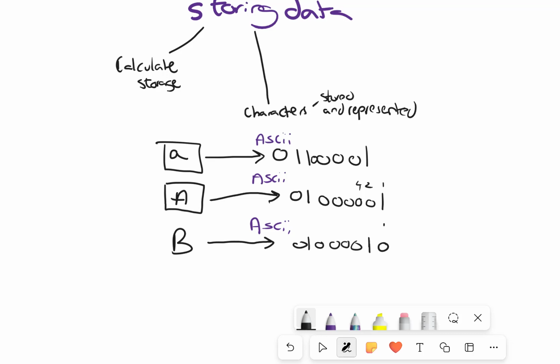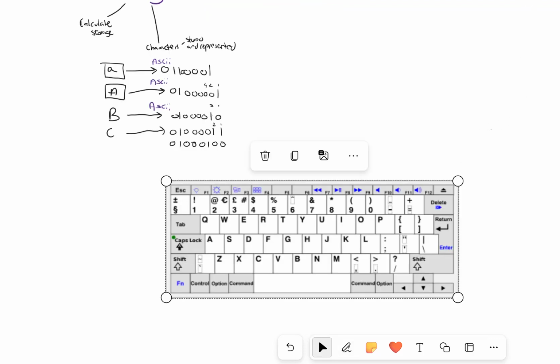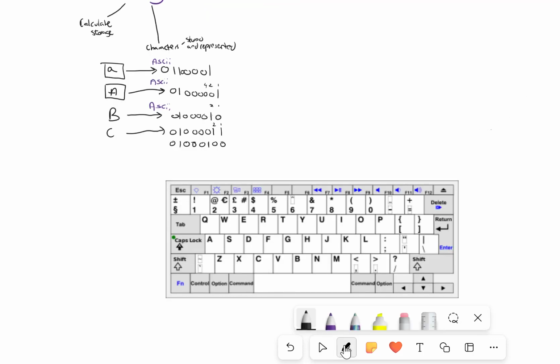What's the next number after 1? 2. So that'll be a 1, that'll be a 0. So what would capital C be? Well, it'll be 01000011, which will add up to 3. D would be 4, so it'll be 100 and fill out the rest with 0s, etc., etc. So this is like a UK/American keyboard.